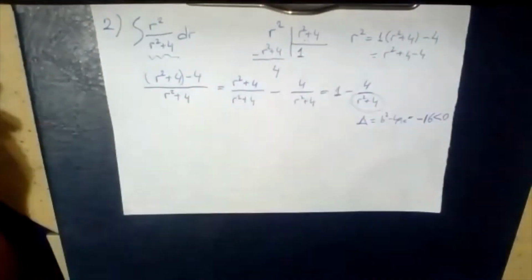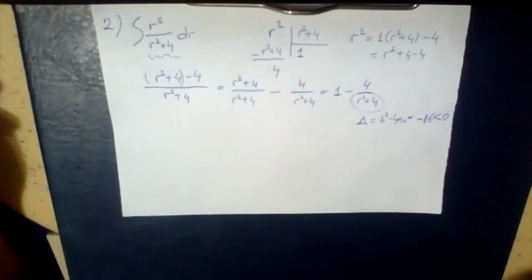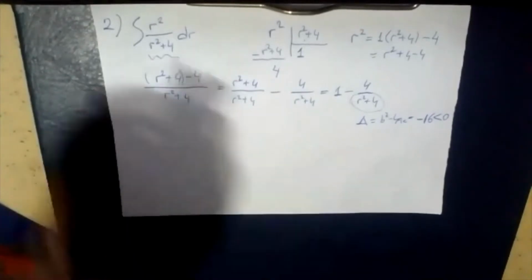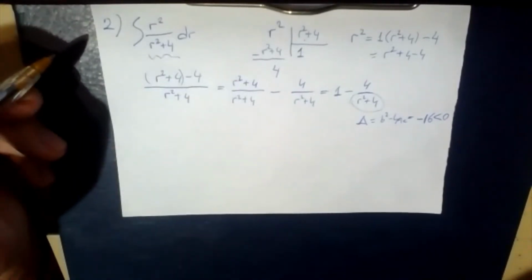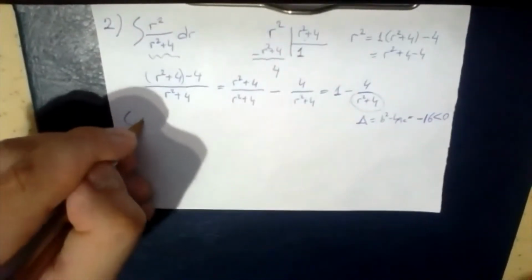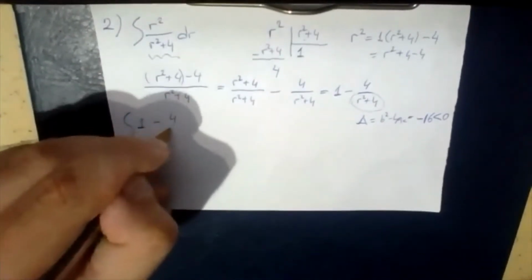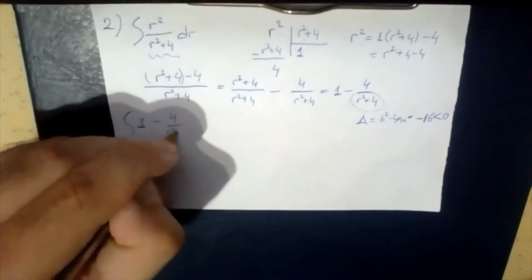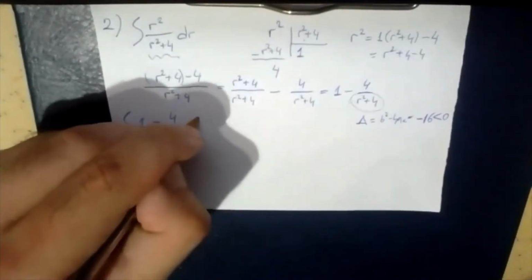It is a negative number, so we cannot factorize it. It's irreducible. So we cannot apply partial fraction decomposition in this question. To solve this question, we need another method.